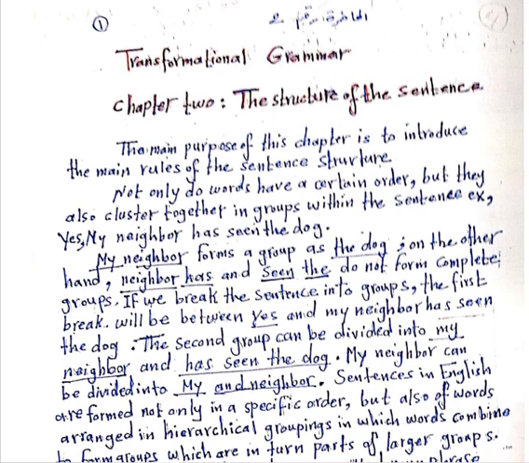If we break the sentence into groups, the first break will be between yes and my neighbor has seen the dog. That means yes is one part of our sentence, and my neighbor has seen the dog is the second part.